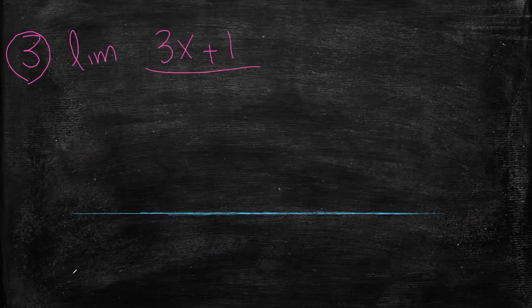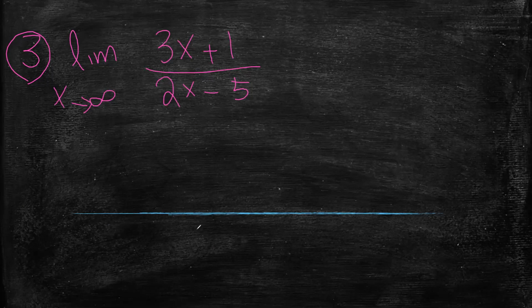Now, in number 3 we have limit of 3x plus 1 over 2x minus 5 when x approaches infinity. In this one here now, we have a rational function.